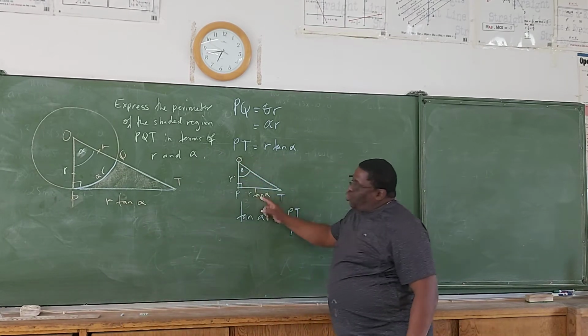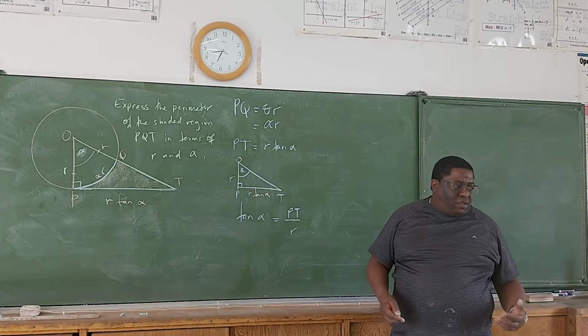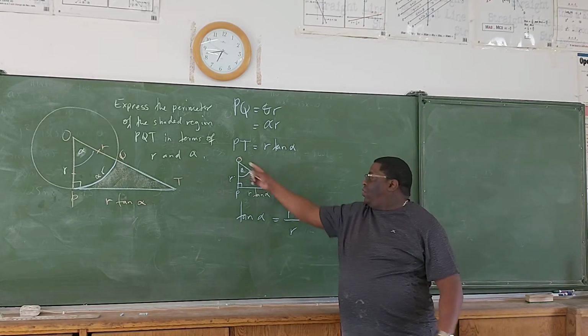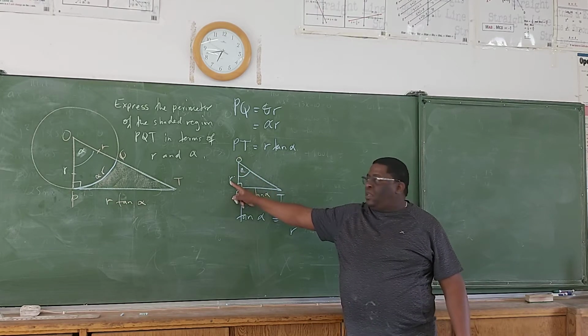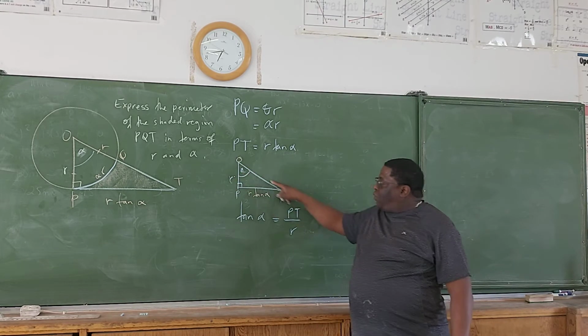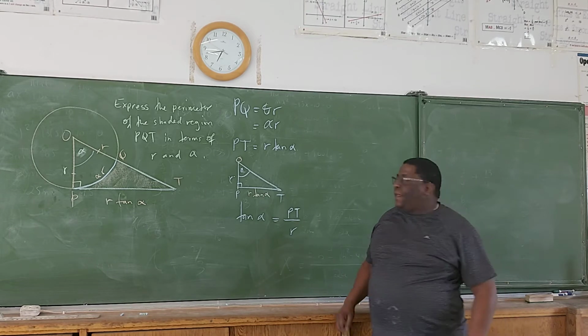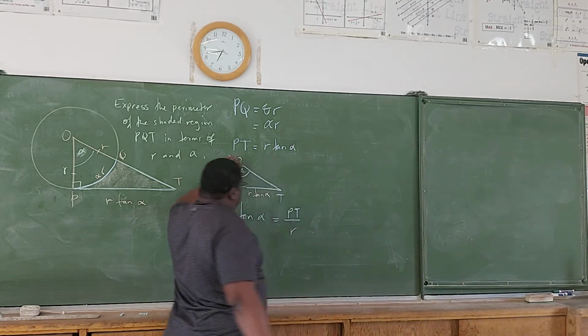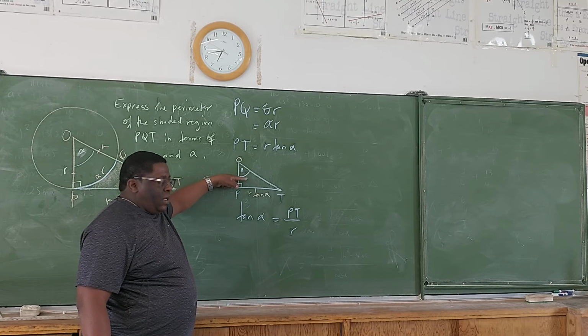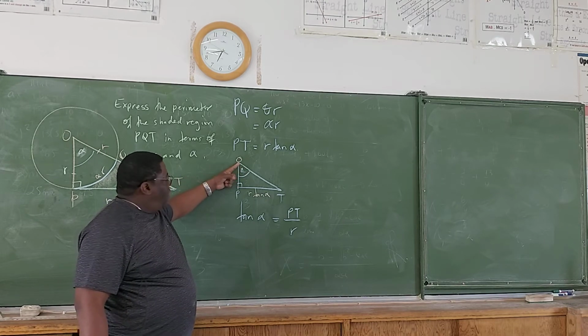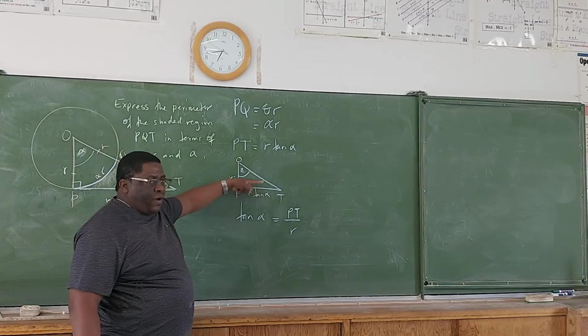But I'm not going to use Pythagoras. You can go ahead and use Pythagoras if you want to find this distance. I'm going to use what I already have. I have this, I have that, and I'm looking for that distance. So the way you find this distance, in terms of this angle, you use the sine. Opposite over hypotenuse.